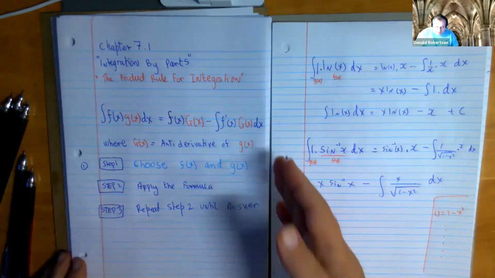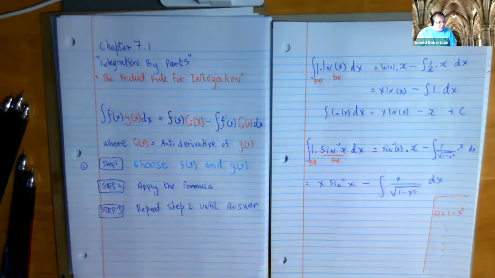Techniques for integration aren't little boxes where only one thing happens. Can you see in this question, it was an integration by parts that then needed a U sub to finish it off. There are situations where you do a U sub, and then the result you get needs an integration by parts to finish it off.